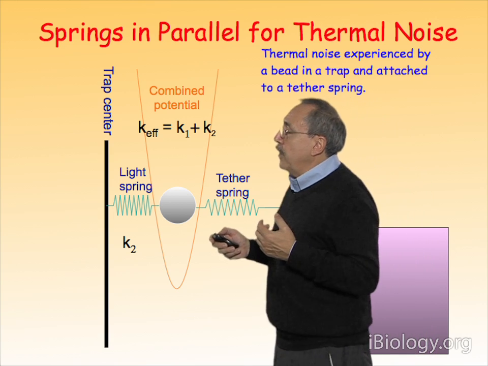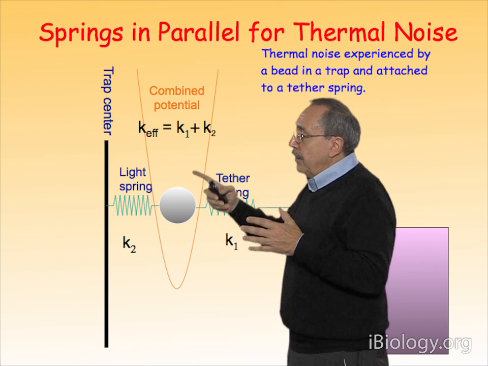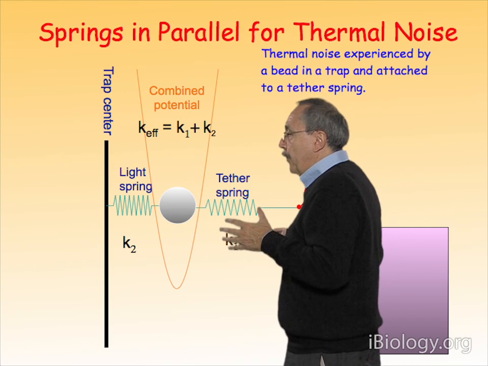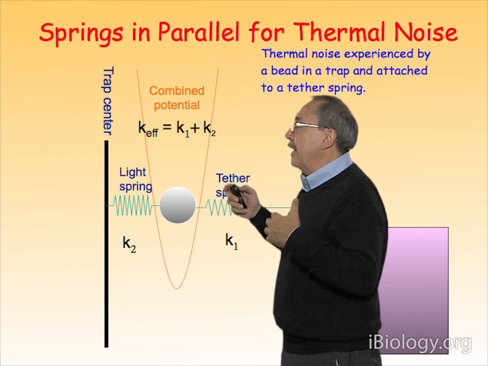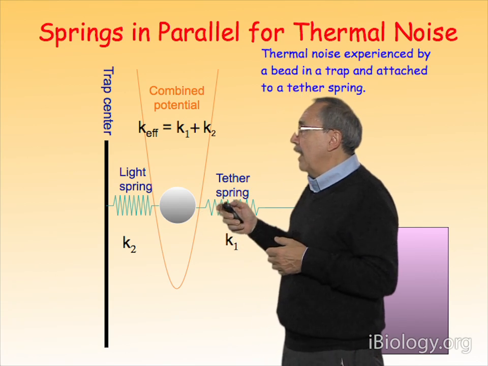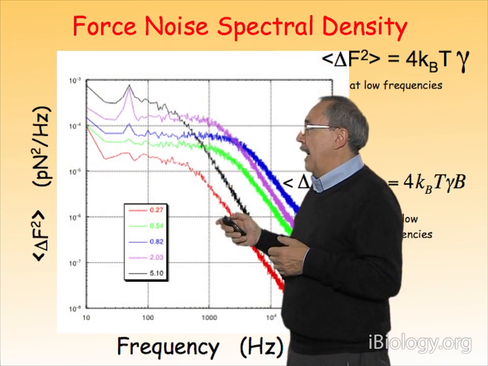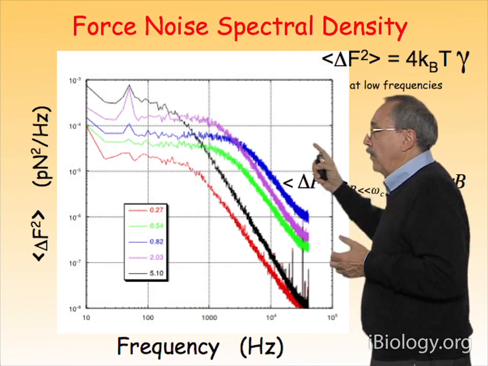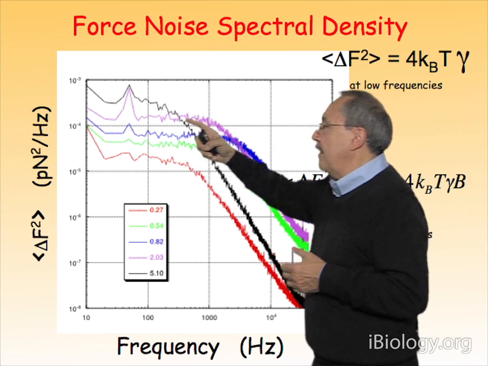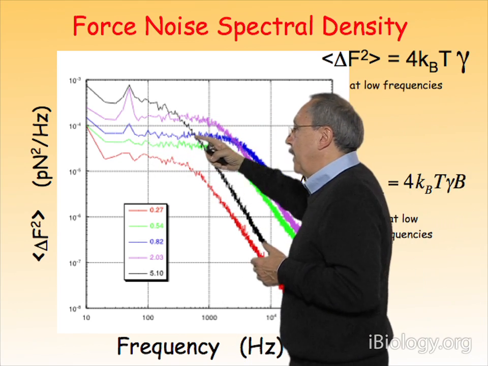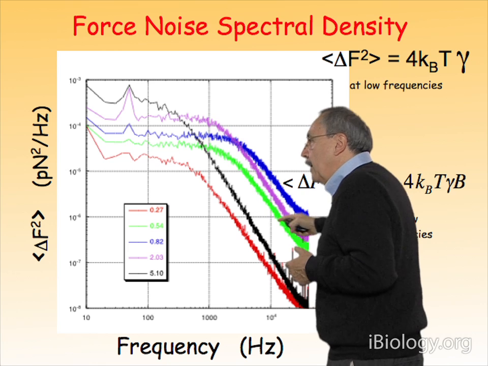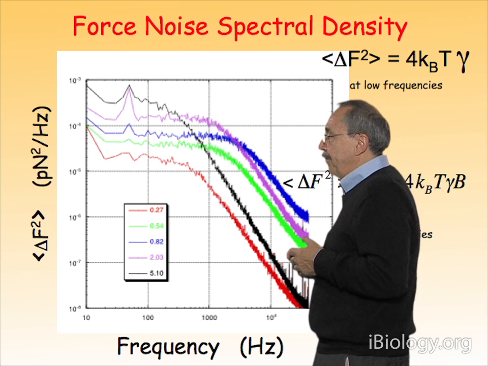I show you the spectrum of fluctuations, the mean quadratic fluctuations as a function of frequency. If you multiply it by the square of the stiffness, you can obtain the mean quadratic fluctuation in the force. And again, since that's a constant, you obtain a Lorentzian curve, flat at the beginning, then the corner frequency, and then a decay that we saw before.